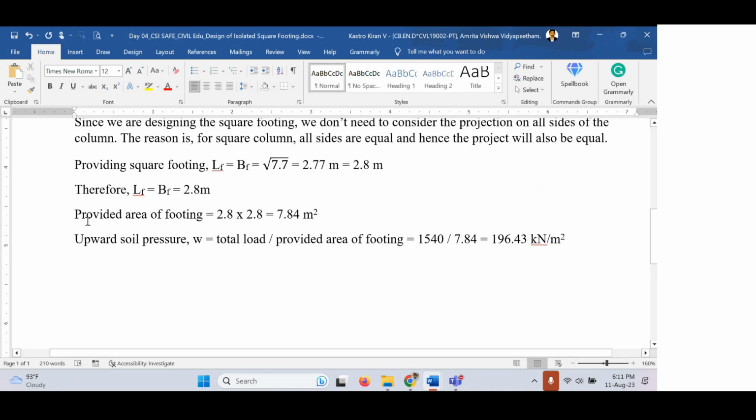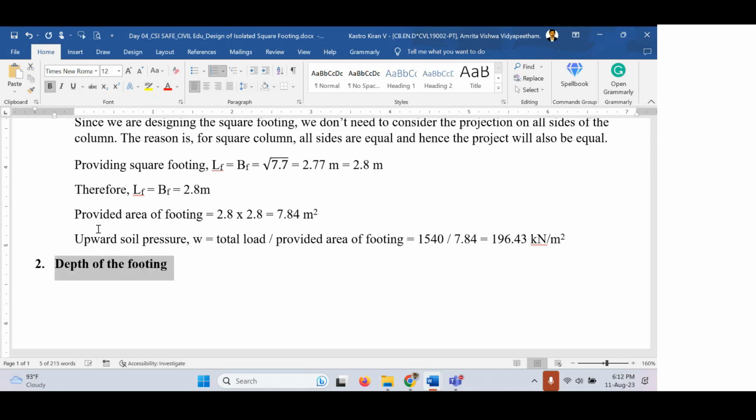Now, the next step is to calculate the depth of the footing. We know from the last sessions that the depth of the footing is majorly influenced by two criteria. What are they?